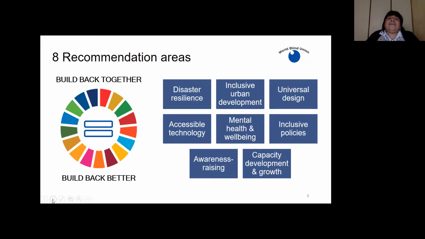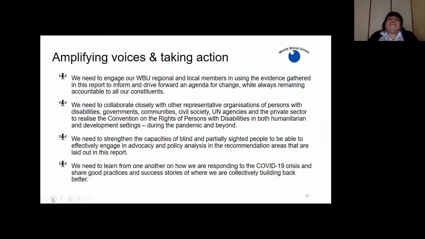These recommendations came up directly from all the strategies and solutions provided by the respondents in this survey. Now, the next slide is amplifying voices and taking action. How we need to use this report. This is not just another report.